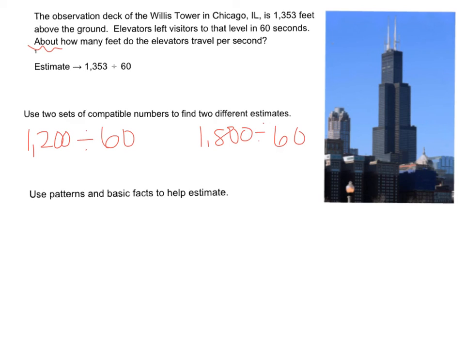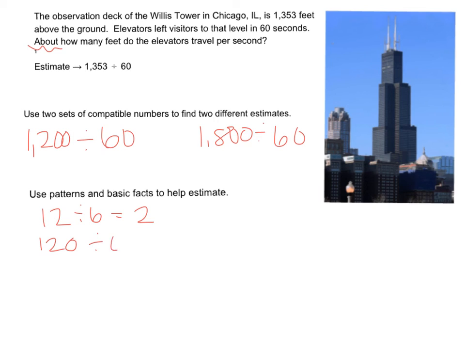Now to solve that, we can use the patterns and basic facts to help us. So for 1,200 divided by 60, I'm going to start with the basic fact of 12 divided by 6, which is 2. I'm going to go up to the next place value.